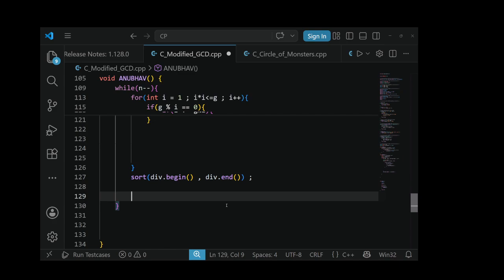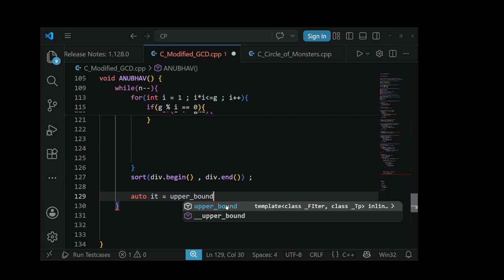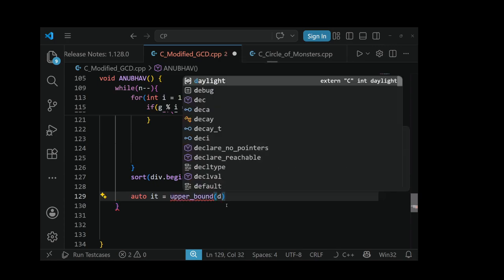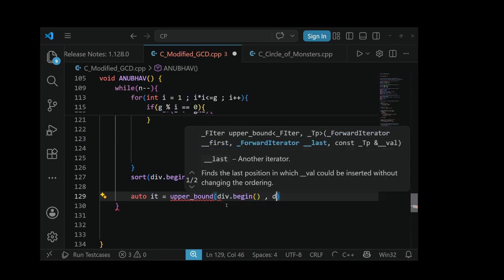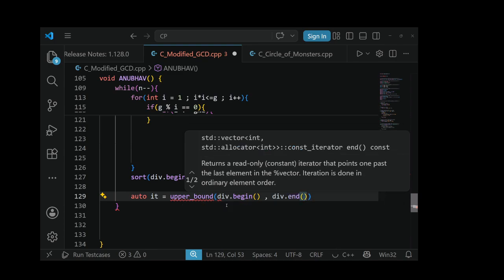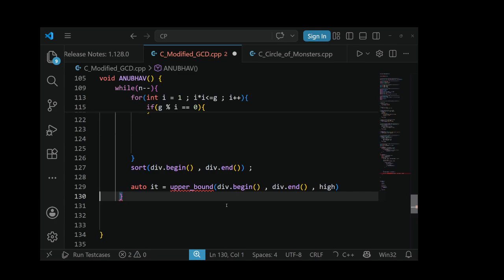So r2 IT is equal to upper bound of div dot begin, div dot end, and the value would be high.